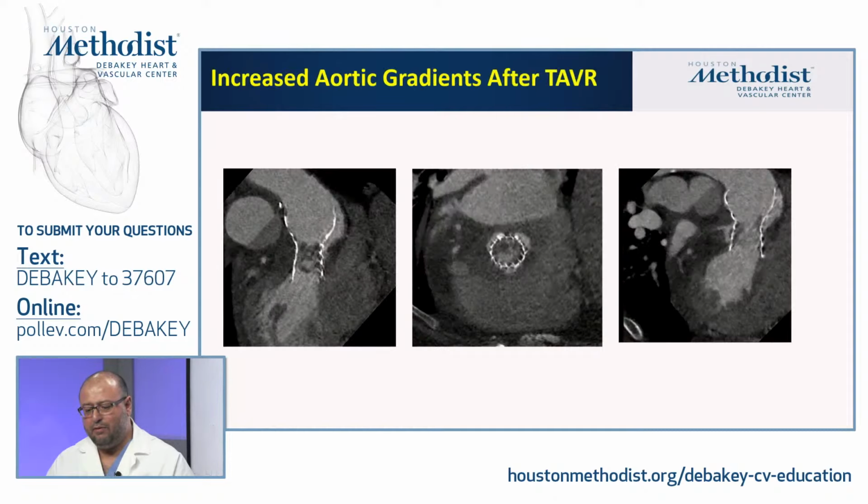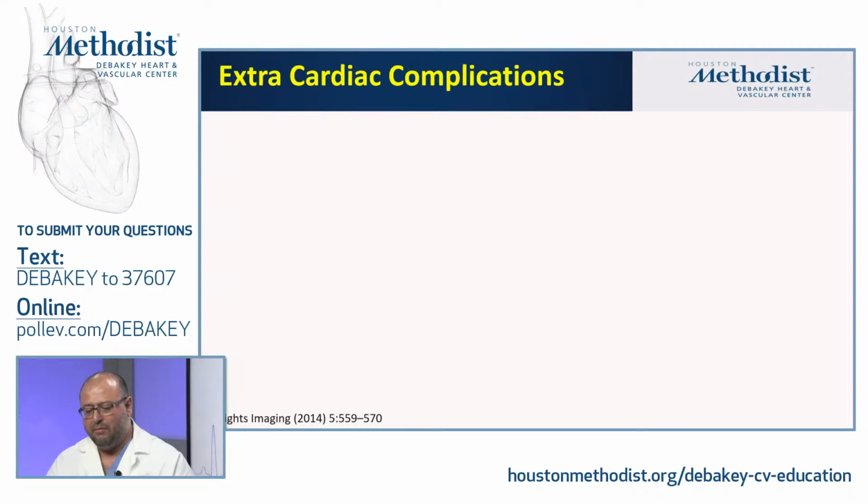She came back with fever, and now you see the entire valve is full of thrombus-like material, but she was also having fever and positive blood cultures, and this patient actually arrested a few hours after the CT, even before being considered for operation for this massive vegetation within the TAVR valve.